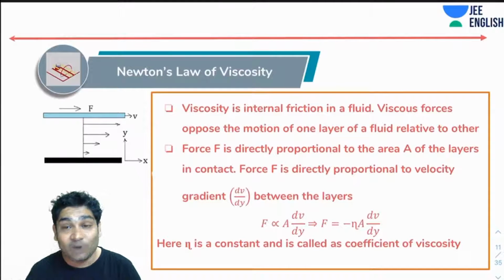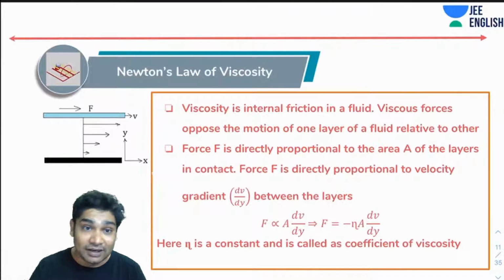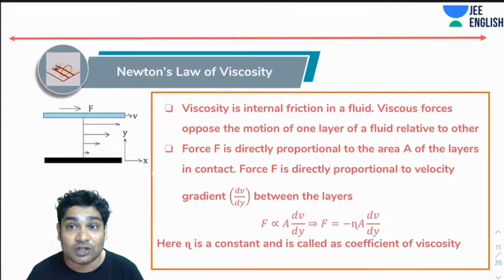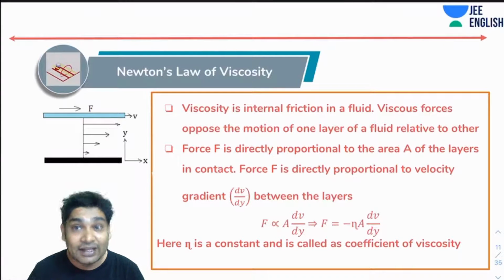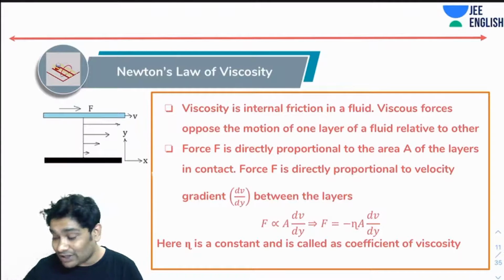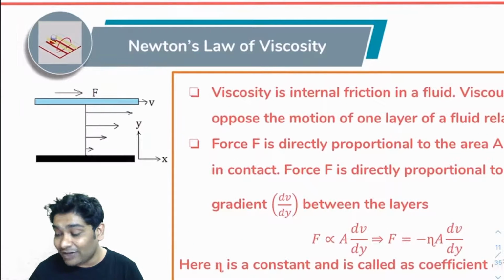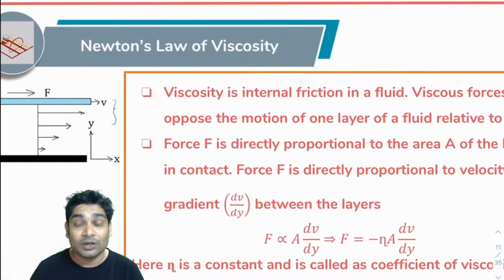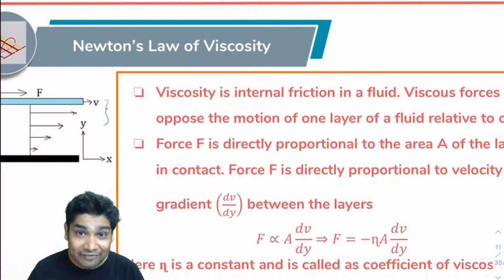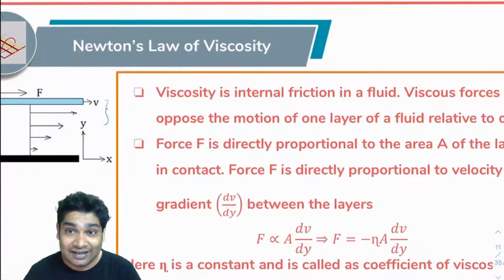Okay. Now, this force of viscosity is an experimental result. Experimentally, it was found that the force of viscosity is directly proportional to the area of the two layers in contact, and also directly proportional to the velocity gradient. Velocity gradient is the rate at which the velocity is falling from one layer to another. So you have F directly proportional to A times dv over dy.